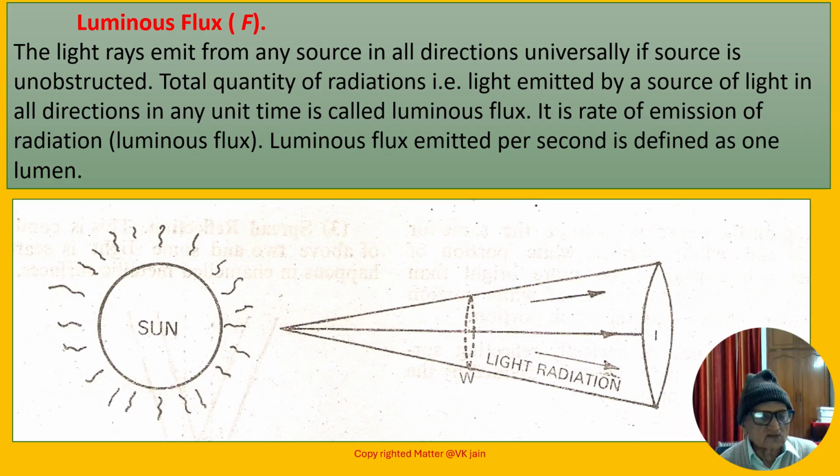Now, in this diagram, we are getting natural light from the sun, which is radiated in all the directions, and this is the cone of light radiation.